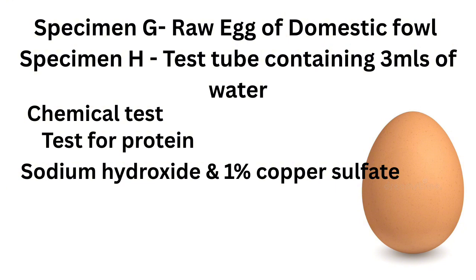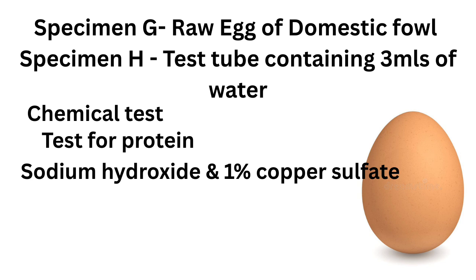Now, this is what is going to happen. You are going to be told to put at least 3 ml of the albumin, the egg white, in a test tube. Then specimen H will already contain 3 ml of water.